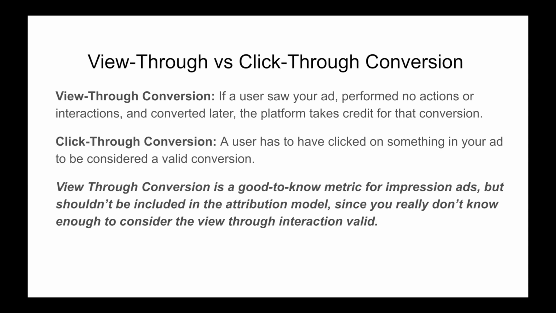Now let's talk about view-through conversion versus click-through conversion. View-through conversion has become increasingly popular in recent years because the technology has become available for platforms to compute view-through conversions. What view-through conversion means is that if a user saw your ad, but performed no action or interaction which is considered a click, and then they converted on your website later and made a purchase, that specific interaction, the view itself, is considered an element in your attribution model.